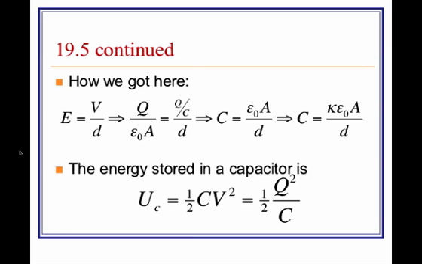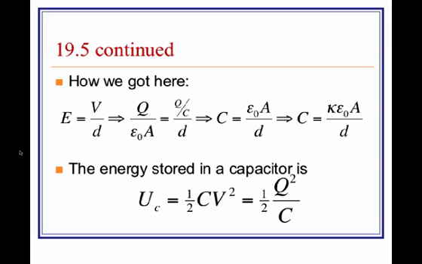From here, we just rearrange to solve for capacitance, and we get that capacitance depends on the permittivity of free space, the area of the parallel plates, and the distance between the two of them. Then, if we add in a dielectric, we get this constant K, the dielectric constant.